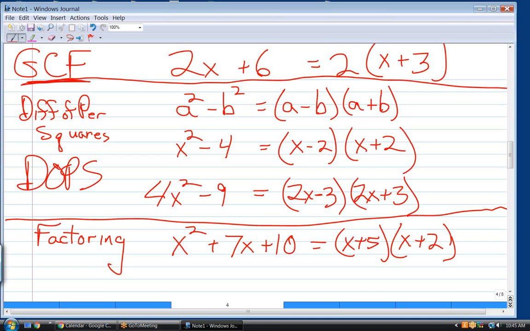Okay, let's see. Let me look at some more of these problems here. All right, let's go on. Let's do our basic level algebra level 1 test. And I've done some of these.